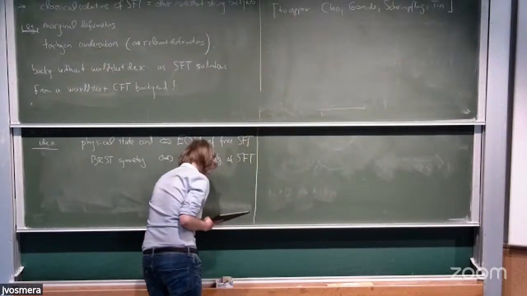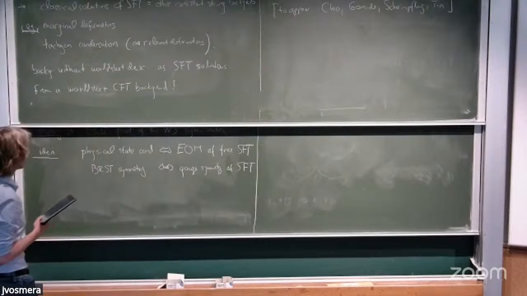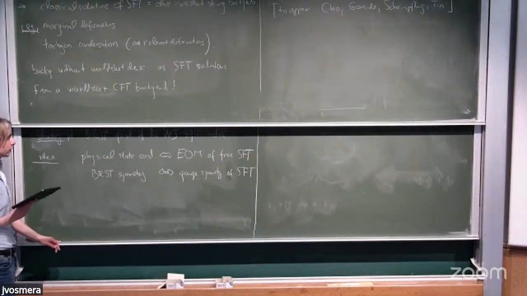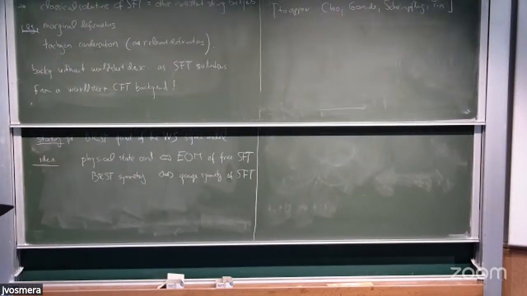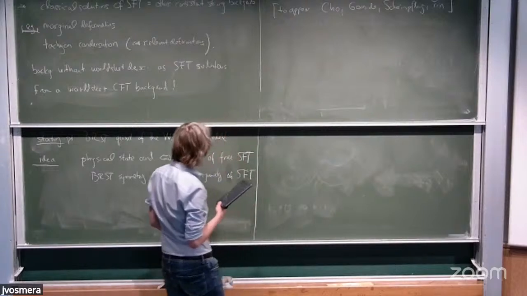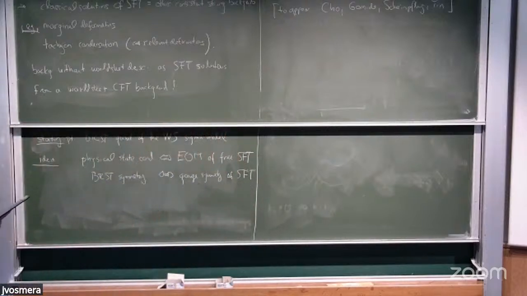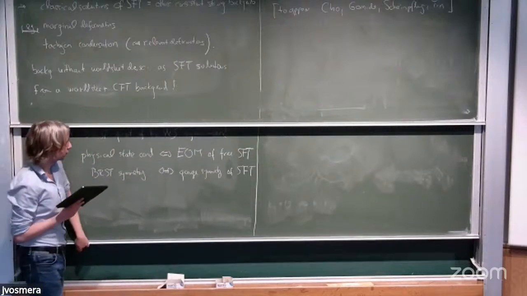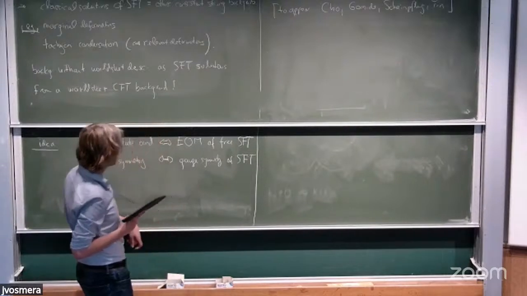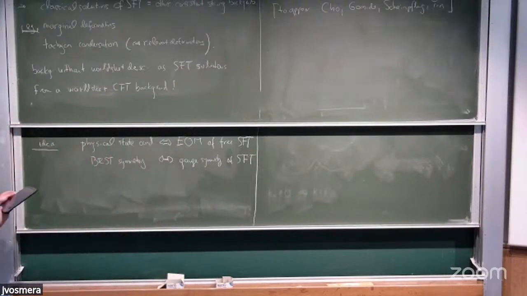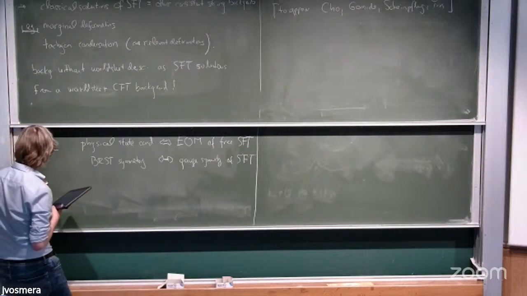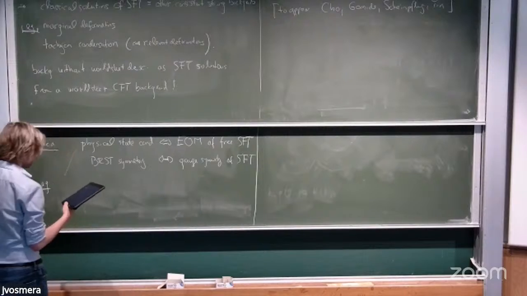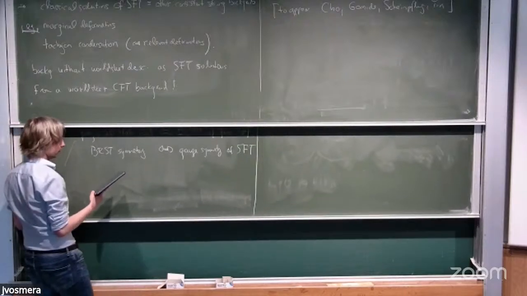With each physical state, we should associate a string field, and the action for that string field should be thought of as living in the target space, the space-time in which the string propagates. So the action for SFT should be thought of as an action on that target space, and we will see that the BRST symmetry on the worldsheet will translate into a quote-unquote BRST gauge symmetry of the string field theory action. Just to illustrate this first point with a simple example, we can consider a free scalar.